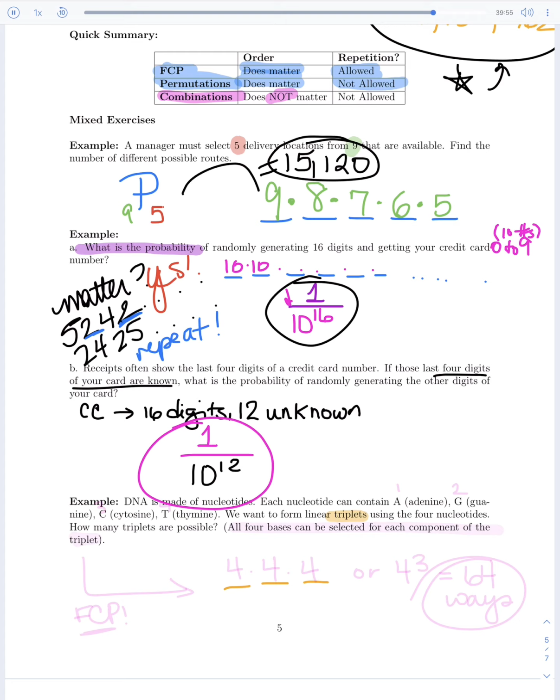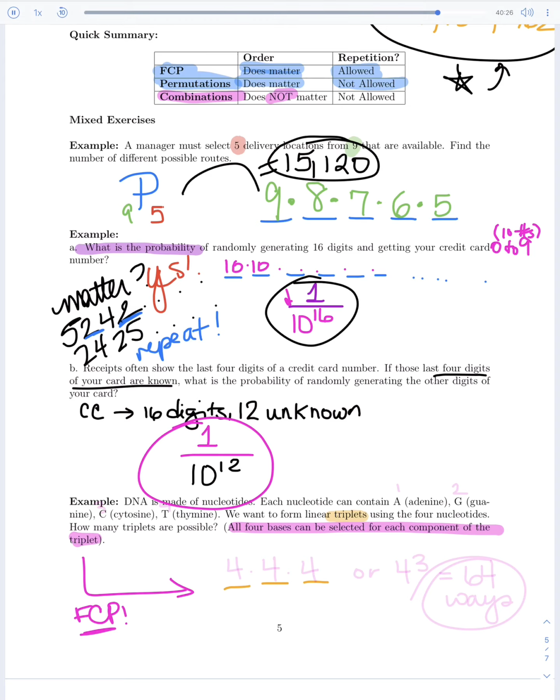So you're going to choose a group of 3. Order will matter, and the question is, how many different possibilities are there if you can choose any? It says all 4 of the bases can be chosen for each component, meaning you can repeat yourself, which is why we've already got it set up for the fundamental counting principle. It's the only one that allows us to repeat and still puts things in order.